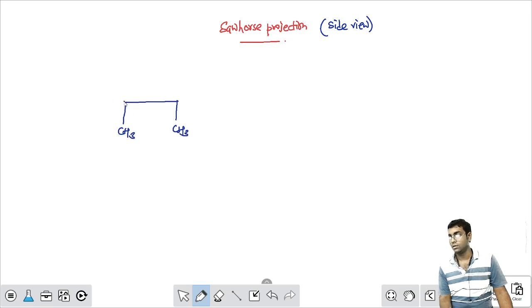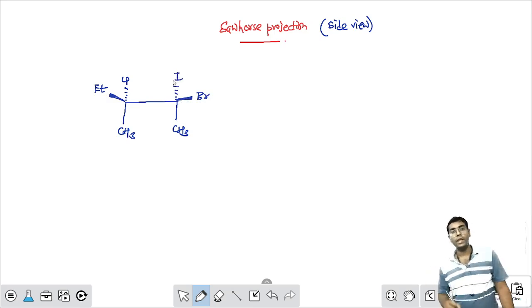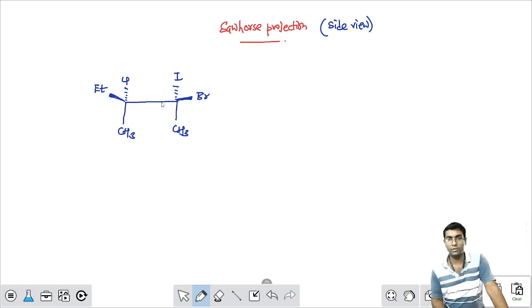Okay, I am drawing a flying wedge type of thing. So it is ethyl and this is chlorine. This is out of the plane bromine and this is iodine. So it is a flying wedge projection, right?